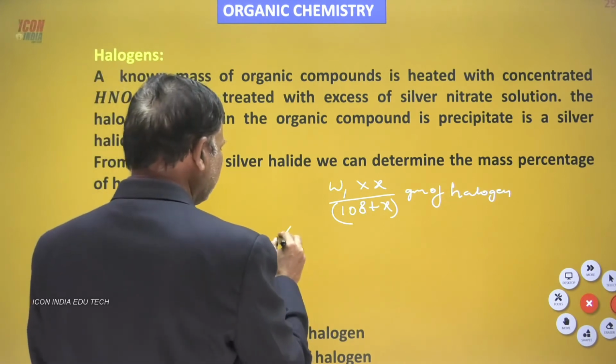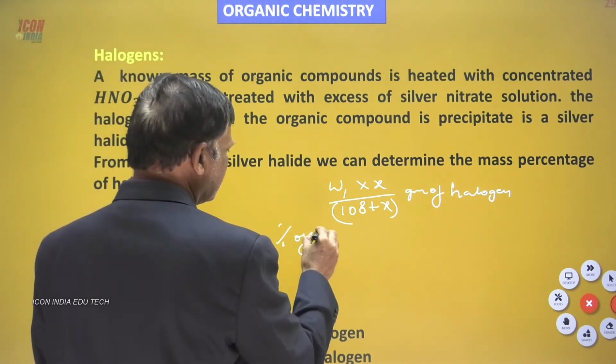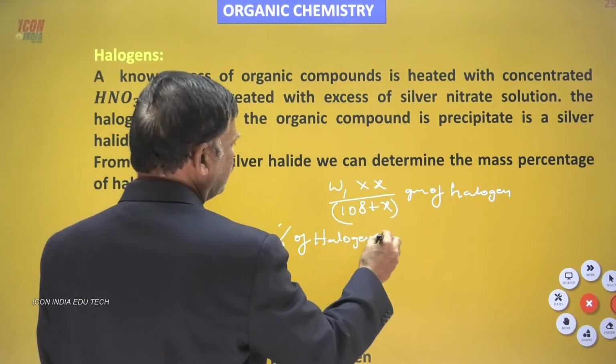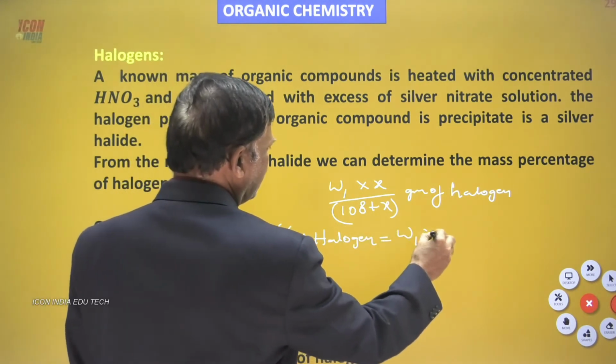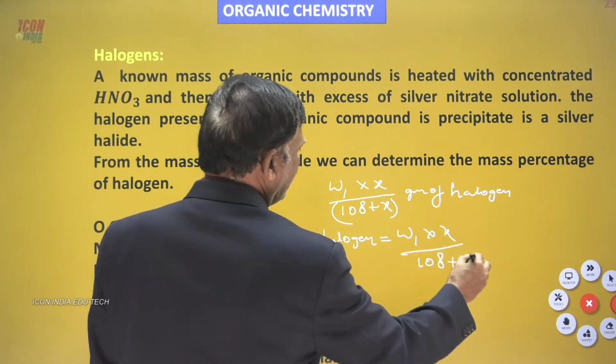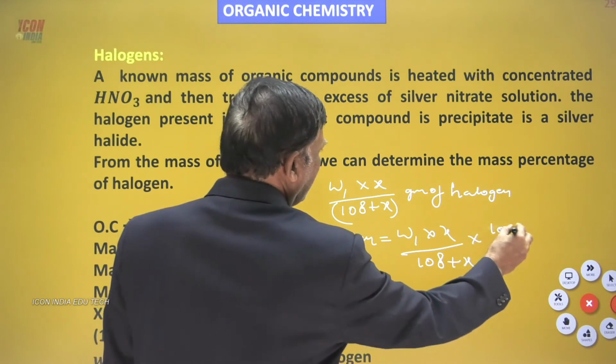So the percentage of halogen present in 100 grams of organic compound is W1 into X by 108 plus X into 100 by W.